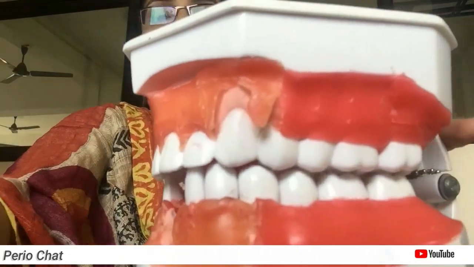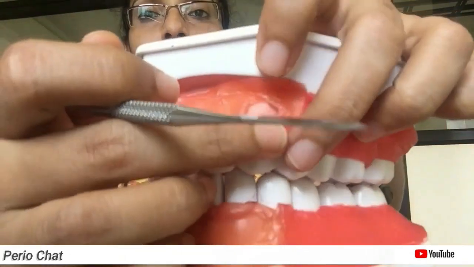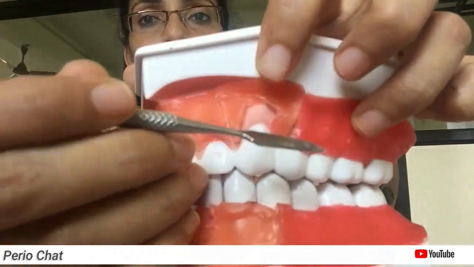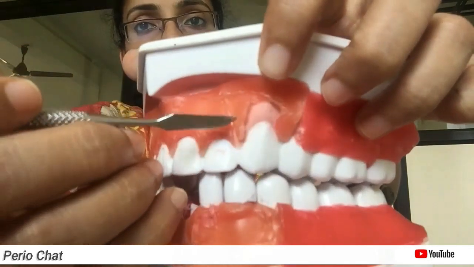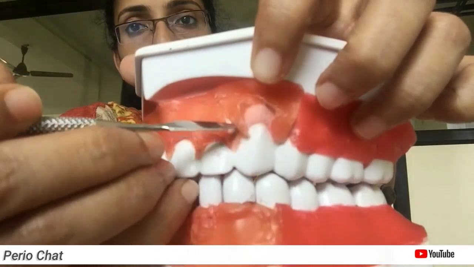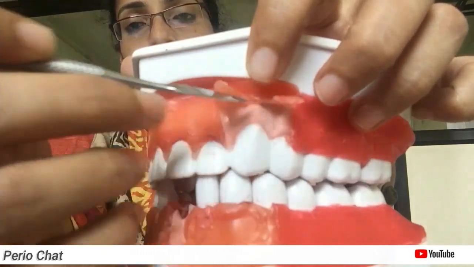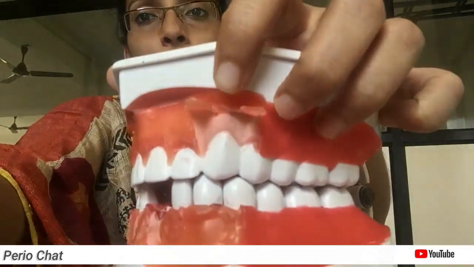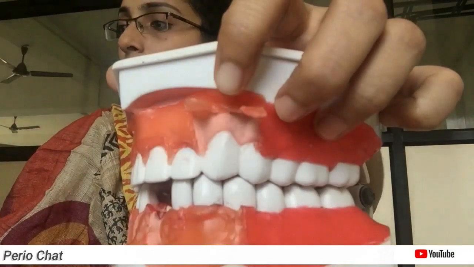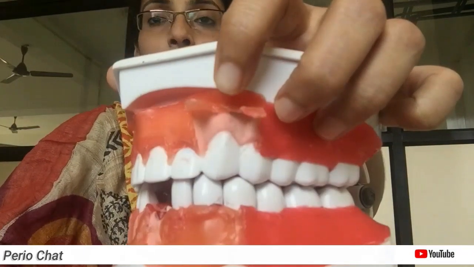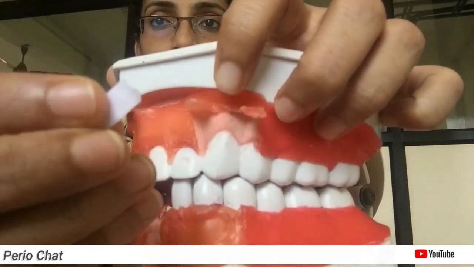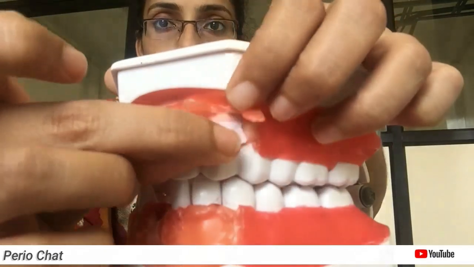The next technique is the GTR technique, which is also very simple. This is the area of recession, area of the defect. You will place vertical incisions, reflect the flap. Okay, once this is reflected, you will place the membrane, GTR membrane, guided tissue regeneration membrane.